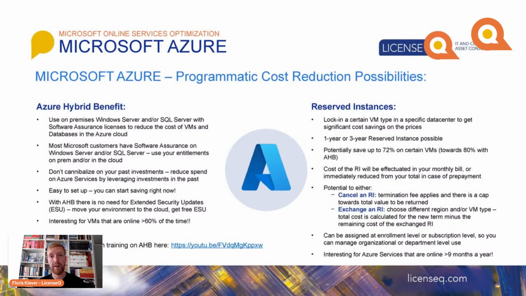You can lock it in for 1 year or 3 year. 3 year is quite a long time. You will be able to take that with you wherever your contract goes, because it's not tied to a specific contract. But we don't generally advise 3 year, because you never know what might happen in the meantime.